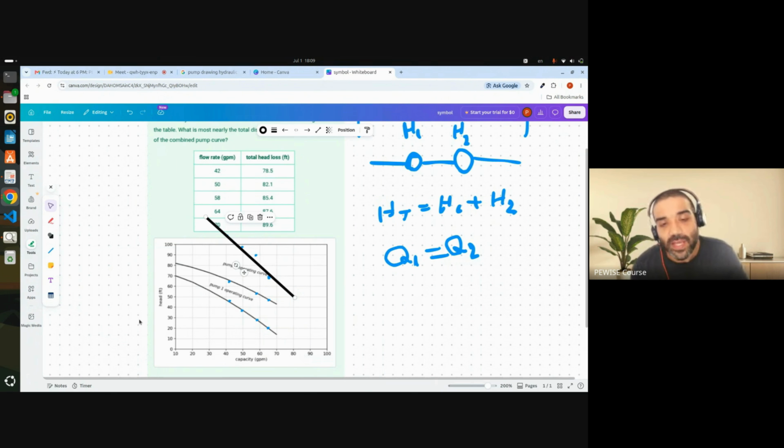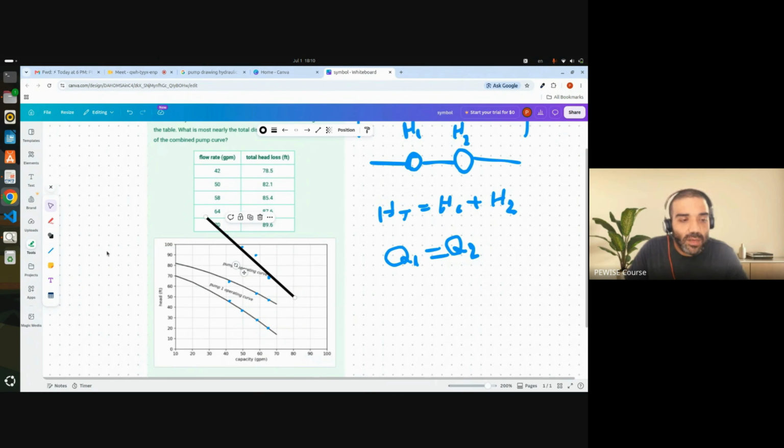When you add capacity, it cannot add head to the same amount. So with increasing capacity, the added head decreases. At the same time, with increasing capacity, the head loss increases. So these two lines cross at some point.